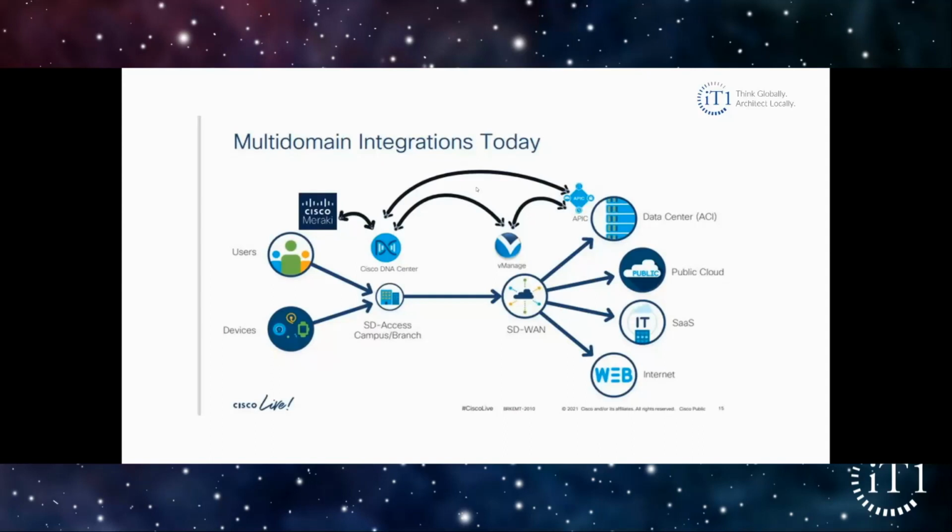But the other thing I was talking about with SD-WAN: DNA Center can integrate directly with vManage, to where DNA Center will send API calls to your SD-WAN management platform to configure your SD-WAN platform as well. So now you're really getting into a single pane of glass for everything, right?